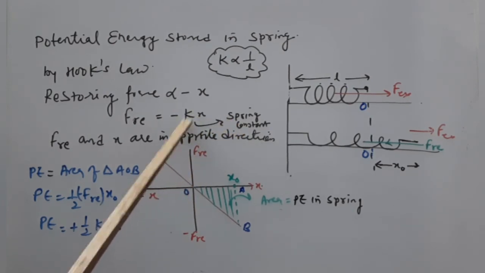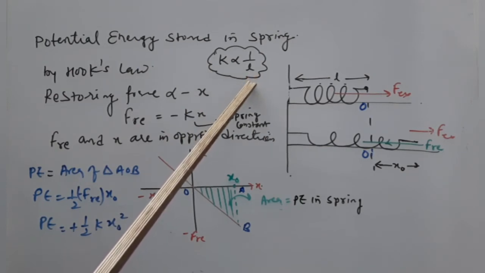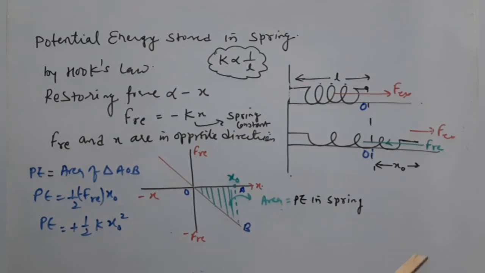Keep in mind, spring constant is inversely proportional to length of spring. It means if the length of the spring is higher then the spring constant is lesser, and a lesser spring constant means a softer spring. So there are two kinds of spring, hard spring and soft spring. For a hard spring, K is higher.